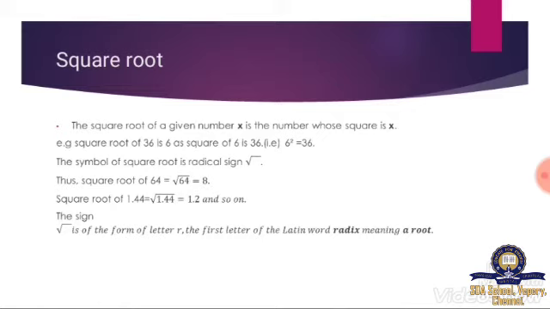Thus, square root of 64 is equal to 8. In a similar way, square root of 1.44 is equal to 1.2, and so on. The radical sign is in the form of a small letter r, the first letter of the Latin word radix, meaning a root.